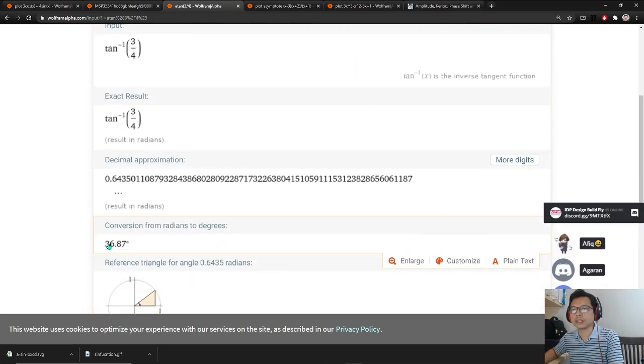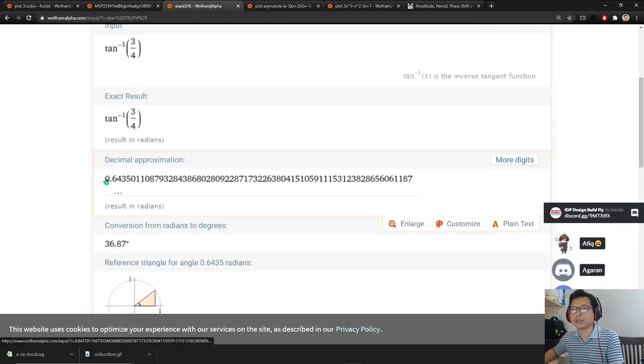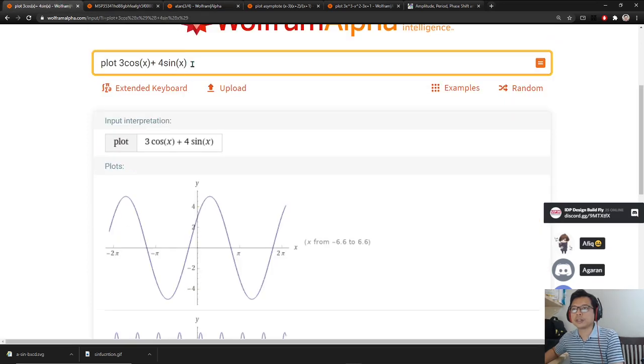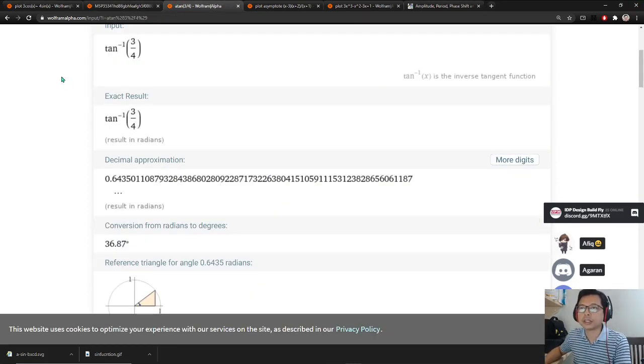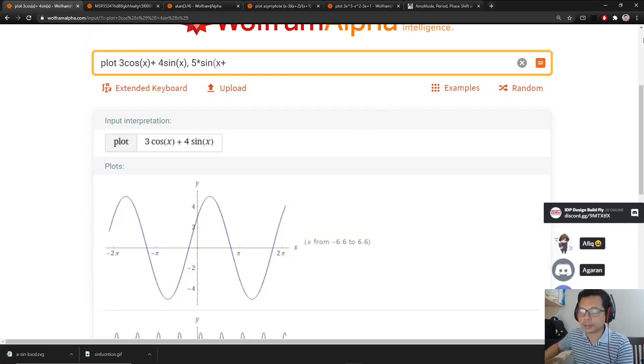Okay, wow, 36.87 degrees, so in radians I'm just going to take 0.6435. So I want to plot 5 times sine of x plus 0.6435.